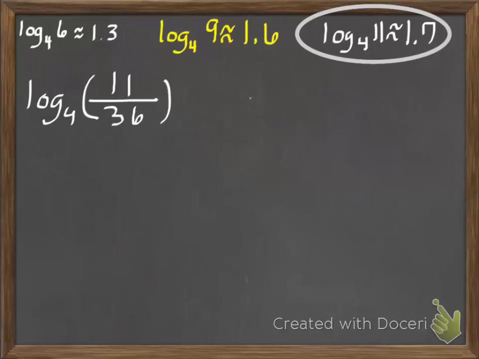But 36, how can I get 36 created? 6 times 6. So 6 squared. Well, 4 times 9, well, out of our choices, 6 times 6 is our choice. Why is 9 not a choice? Well, if we had 9 times something would work, what could we multiply 9 times? 4. But that 4 is not up there. We don't have log base 4 of 4.